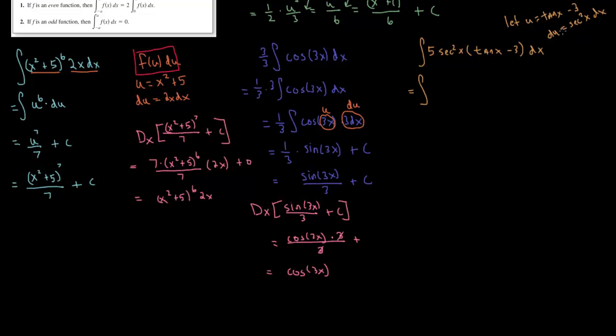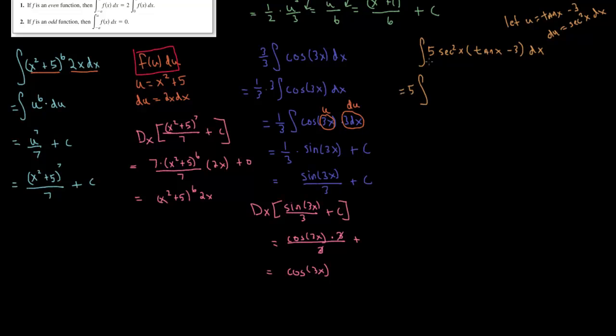All we need, so here's a funny situation, all we need to get in u du form is a secant squared on the outside and a dx. But I have this 5 over here. But what can we do with that 5? Well, it's a constant. You can factor it out. We don't need it to get our u du form. Usually we need to factor in, but here we need to factor out.